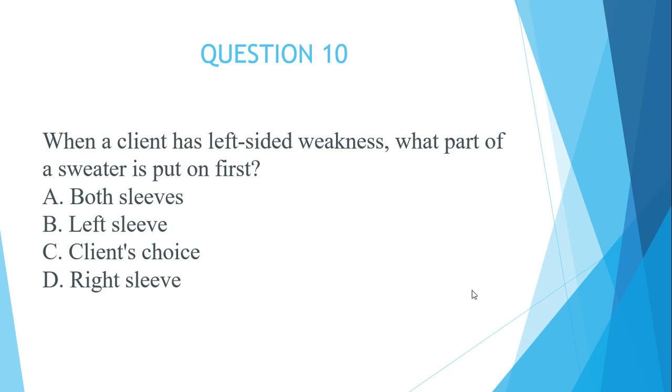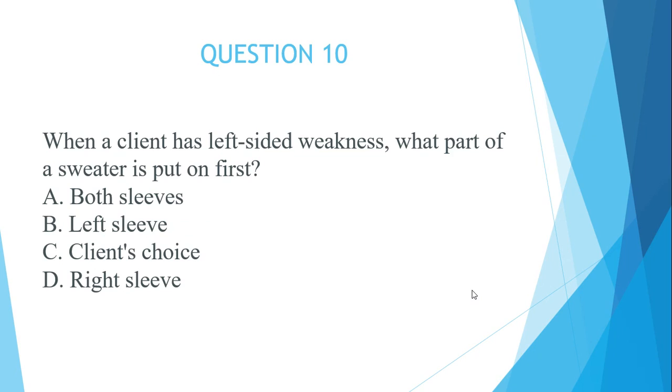You need to understand this question. Some people might start thinking, when you are doing dressing, you remember you have to remove the clothes the person is wearing before you put the new one. But here it says, where will you start to put the clothes on? So we'll start from where? The left side.